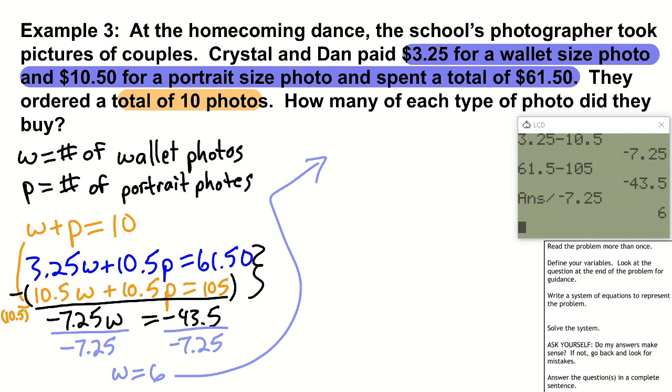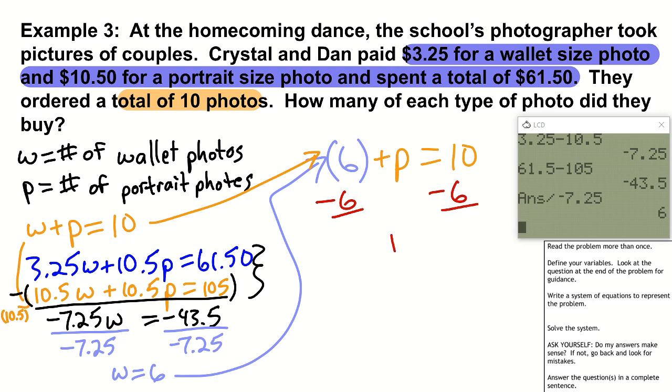Now we're going to substitute. I picked the equation that looks easiest for substitution. That one looks easiest to me. So we have a 6 plus P equals 10. I'm going to subtract 6 from both sides, and I get P equals 4.